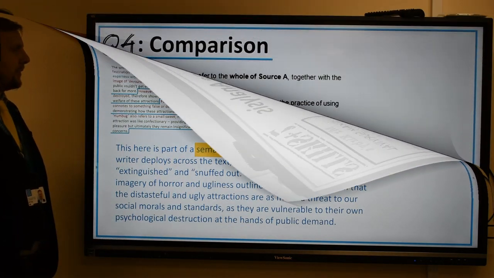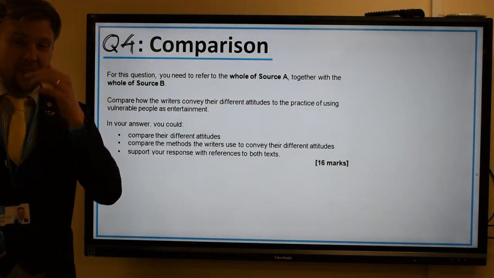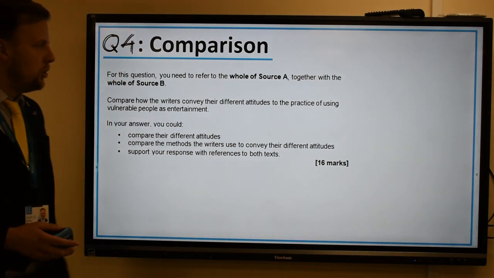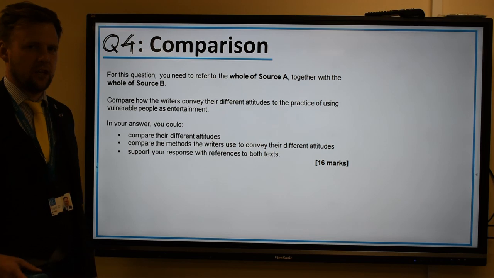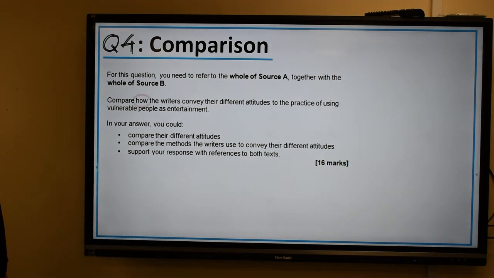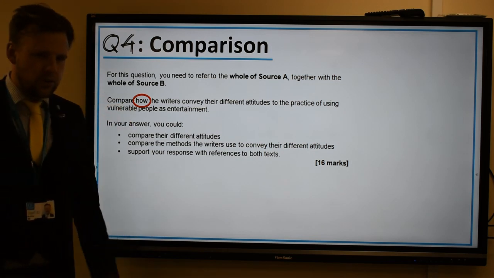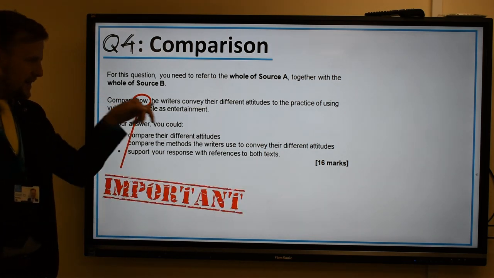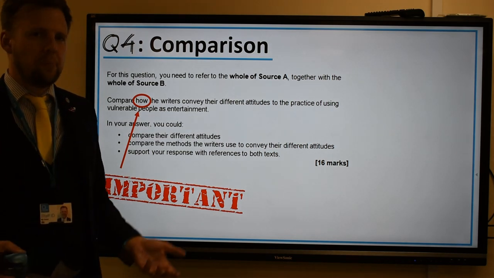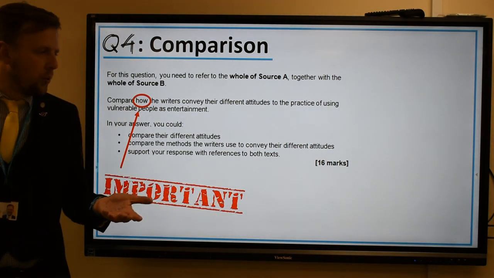Okay? Then we're on to question 4. In my opinion, this is the hardest thing they'll ask you to do in your English language GCSE. Okay? Naughty question unless you follow my process, unless you follow the steps I'm going to show you. Okay? First of all, the most important word in this question is that, how. This is not a question about what the 2 writers' viewpoints are.